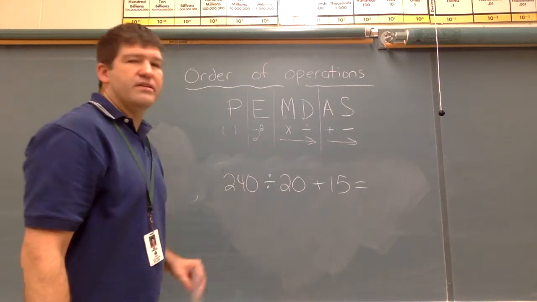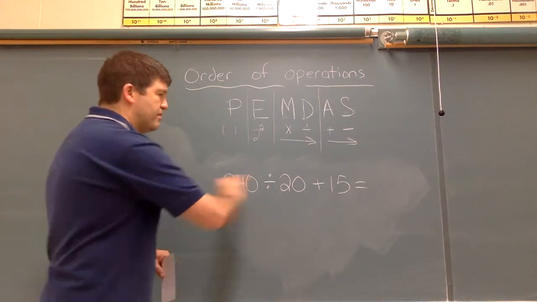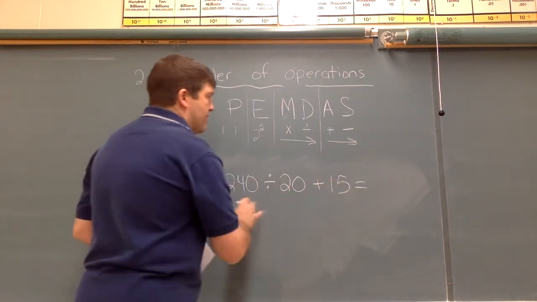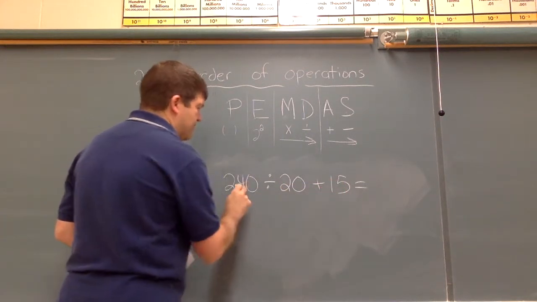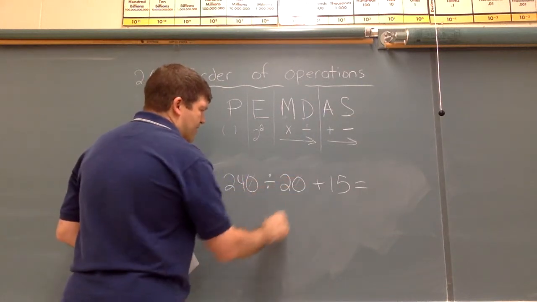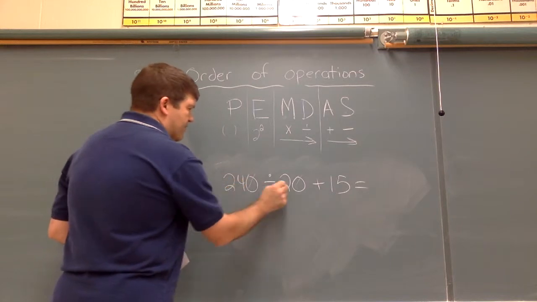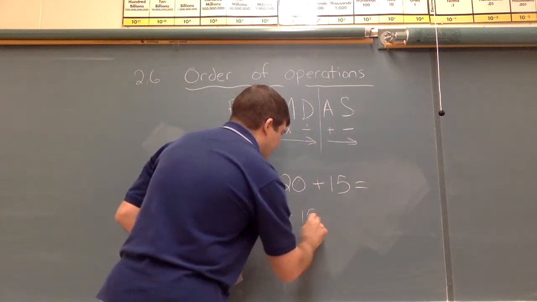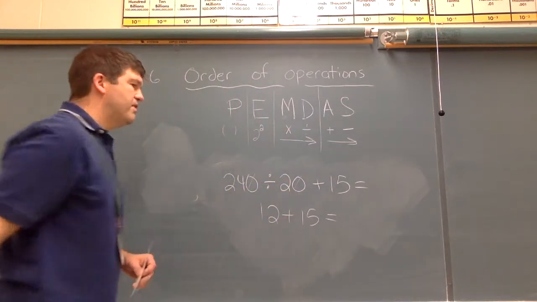There's some division, so let's do the division first. This one actually goes in order because the division is first, but you're doing all the multiplication, division first. 240 divided by 20, 24 divided by 2 is 12. Plus 15.